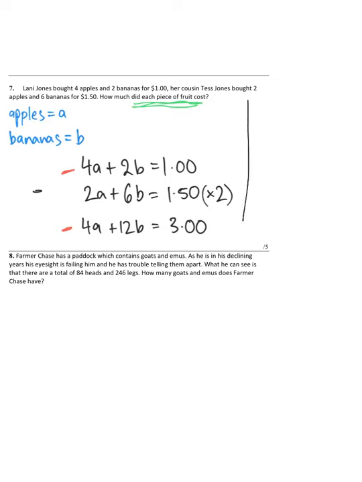Remember, you're working vertically, so ignore the middle numbers. 4 take 4 eliminates that. 2 take 12 is negative 10B, and then $1 take $3 is negative $2.